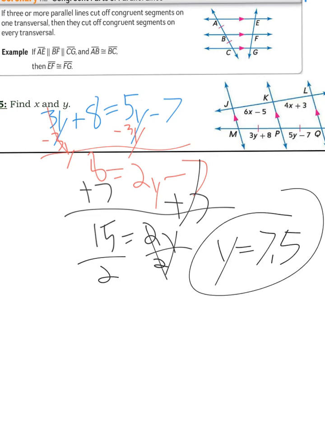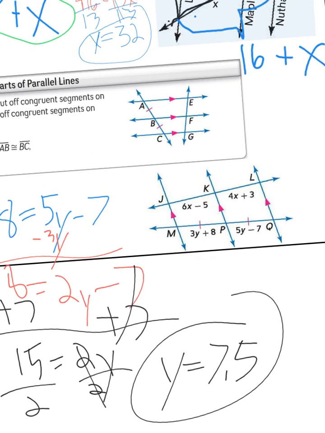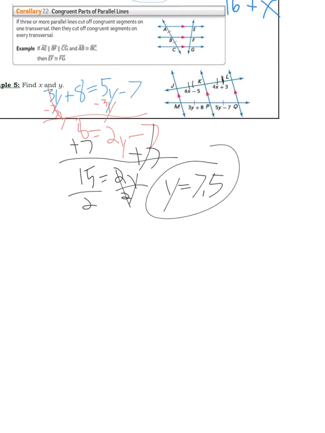And the x's aren't marked, but it's the same property. Since these parallel lines cut through, these two segments are congruent to one another. So I'm going to write 6x minus 5 equals 4x plus 3.